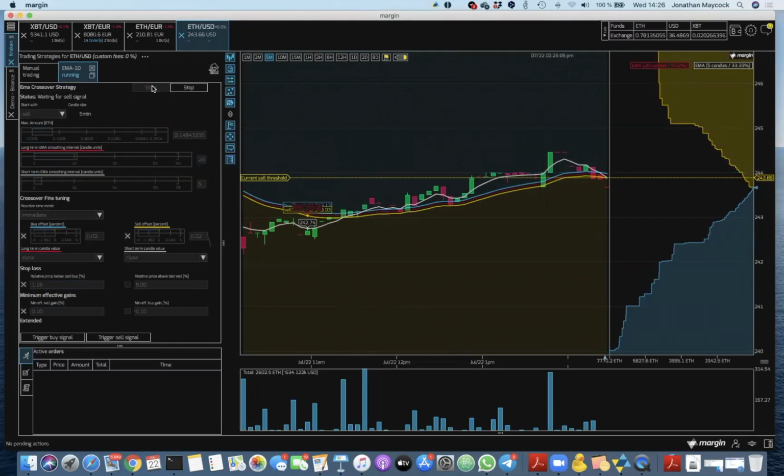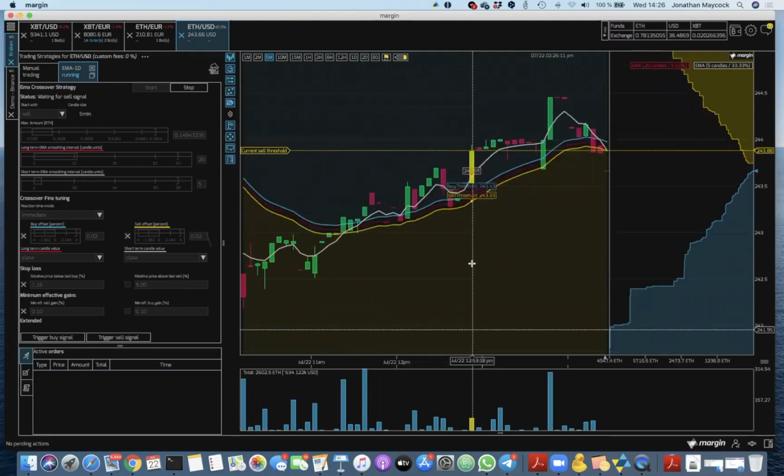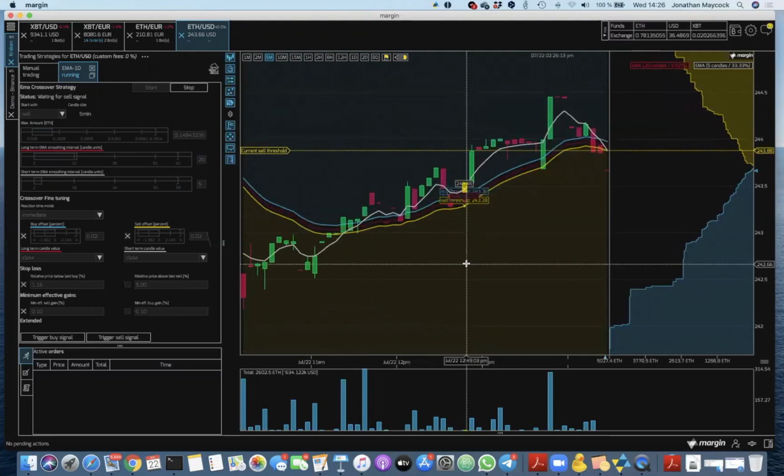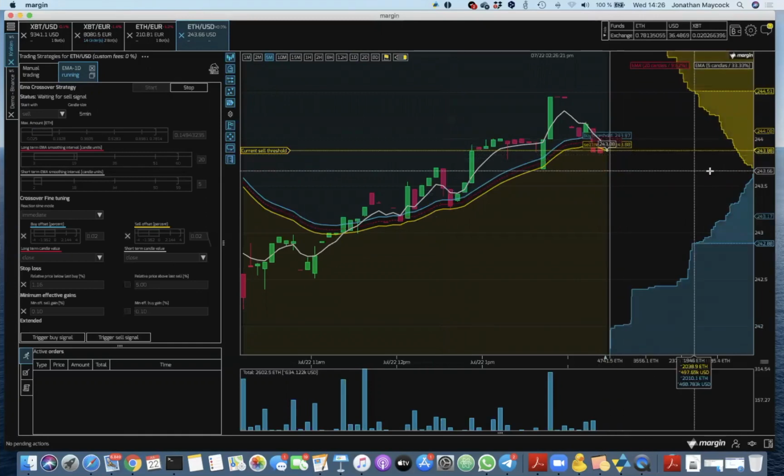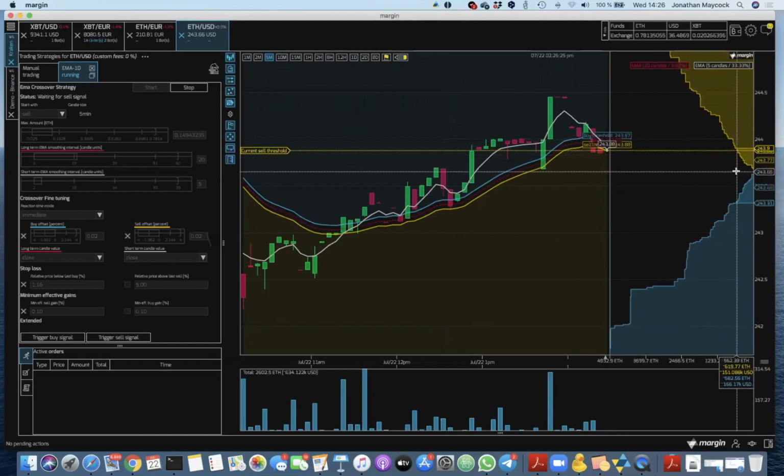So here, we're waiting for a sell signal. And we might be just about to get a sell signal, which would be great. And another thing we can also do is, well, first of all, we can see the crossover is about to happen and the spread is down here.